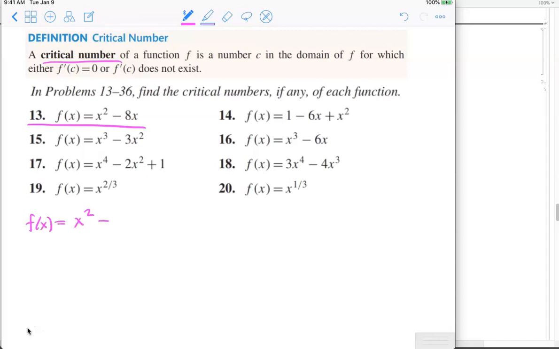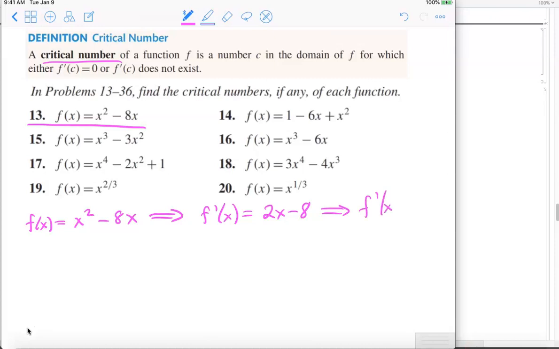If you're looking for the critical numbers of this function, we would need to take the derivative to get 2x minus 8. We would then want to take that derivative function and figure out when the derivative equals 0 or when the derivative does not exist.